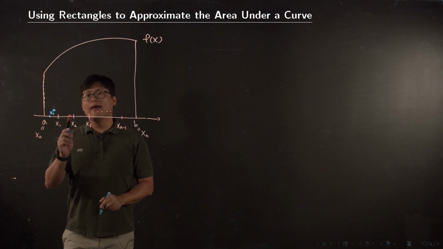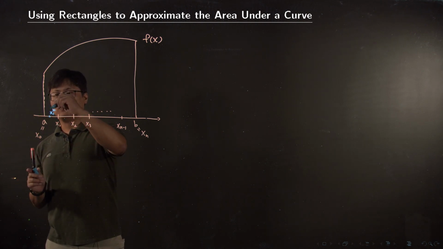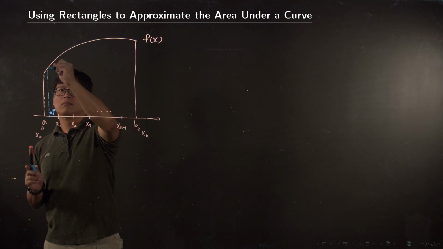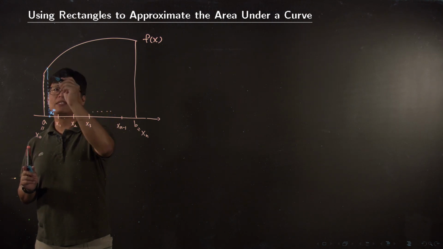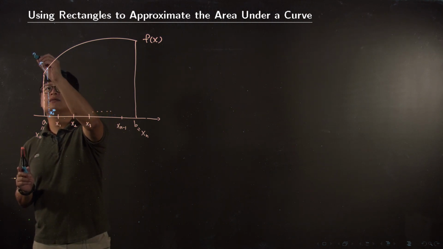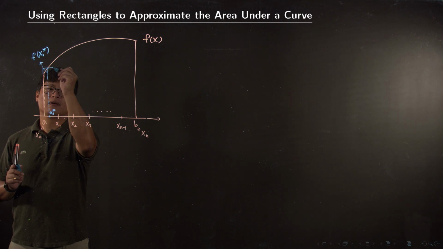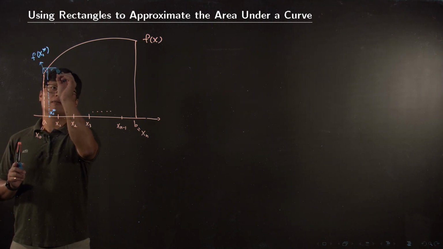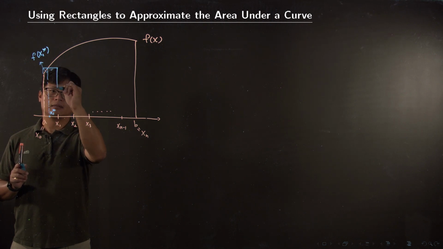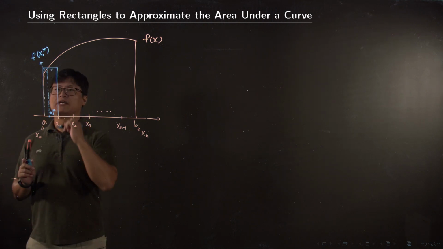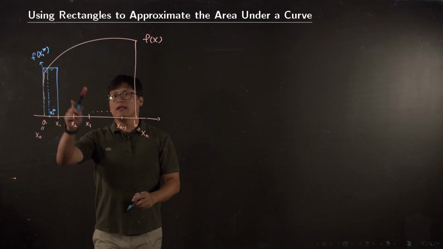Then the function value of this point will be the height of the first rectangle. So I construct the rectangle here like that. Now I made the first rectangle.